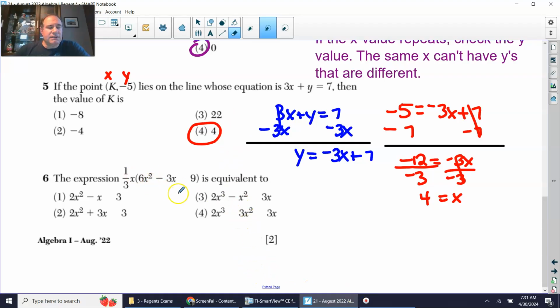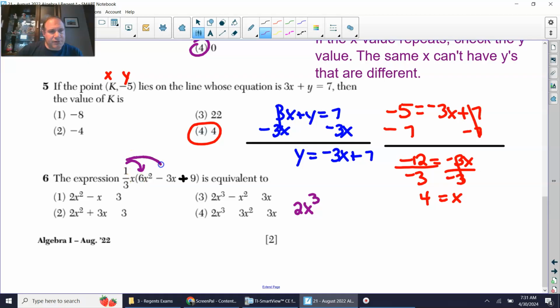All right, this is, again, another one where, for some reason, the plus sign is not there. So I'm going to put it. So you have to do the distributive property. And again, you do 1/3 times 6 in your calculator, and that's 2x squared. Sorry, 2x to the third, because x times x is x to the third.